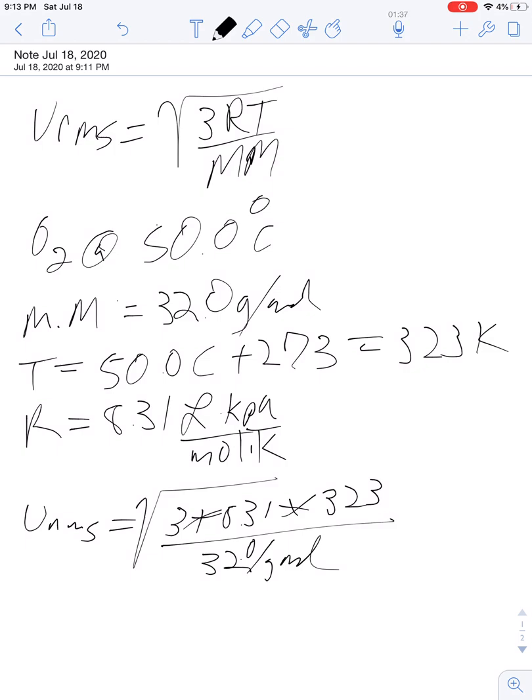All right, and a liter kPa is the same thing as a joule, so we could substitute that in if we wanted to, and then we calculate it, and we get the answer of 15.8 meters per second. Okay.